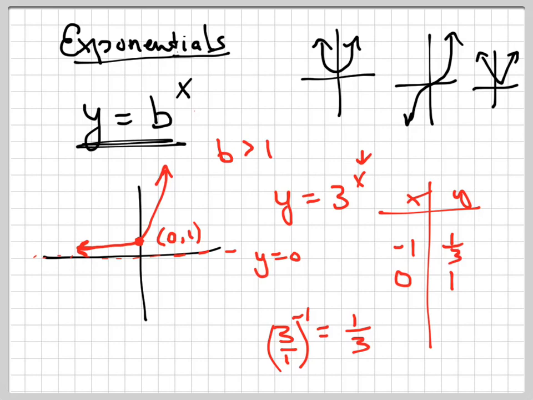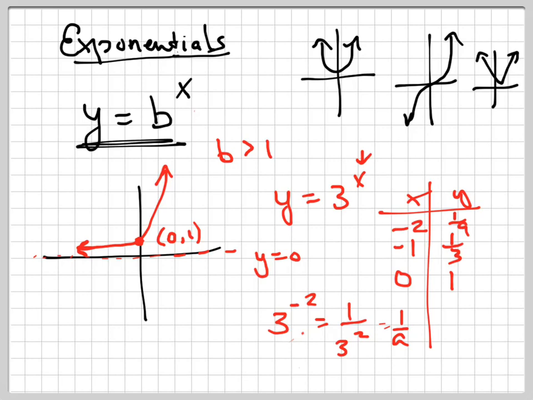And if I plug in negative 2, what's 3 to the negative 2? It's 1 over 3 squared, which is 1 over 9.